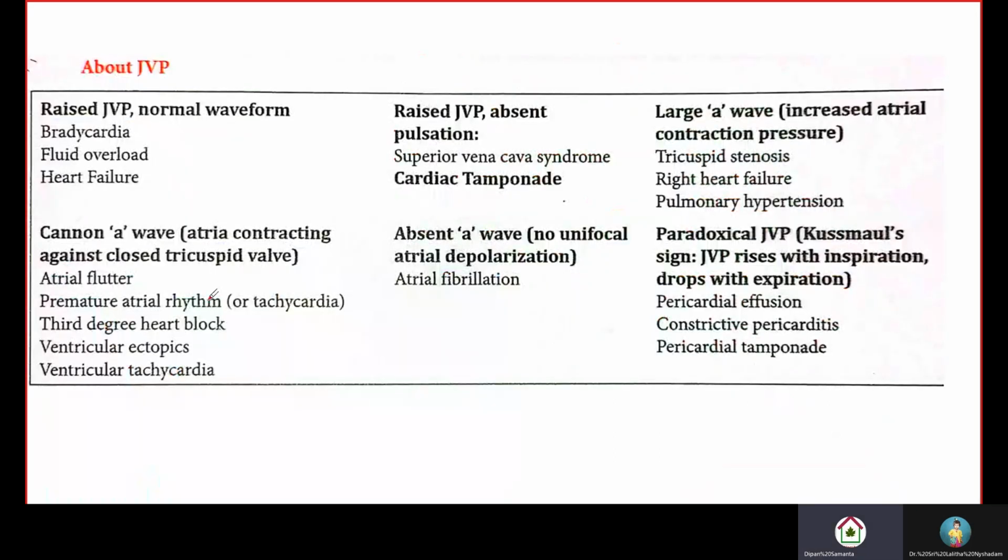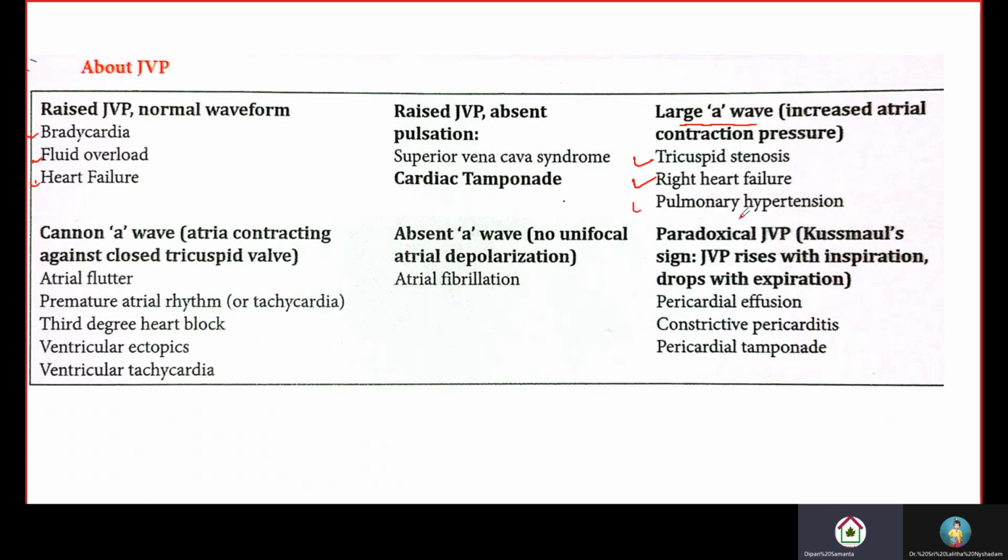I have this summarized: raised JVP occurs in bradycardia, fluid overload, heart failure. We'll give the PPT and you can go through these conditions. If the A wave is very large, with increased atrial contraction pressure, it occurs in tricuspid stenosis, right heart failure, pulmonary hypertension.